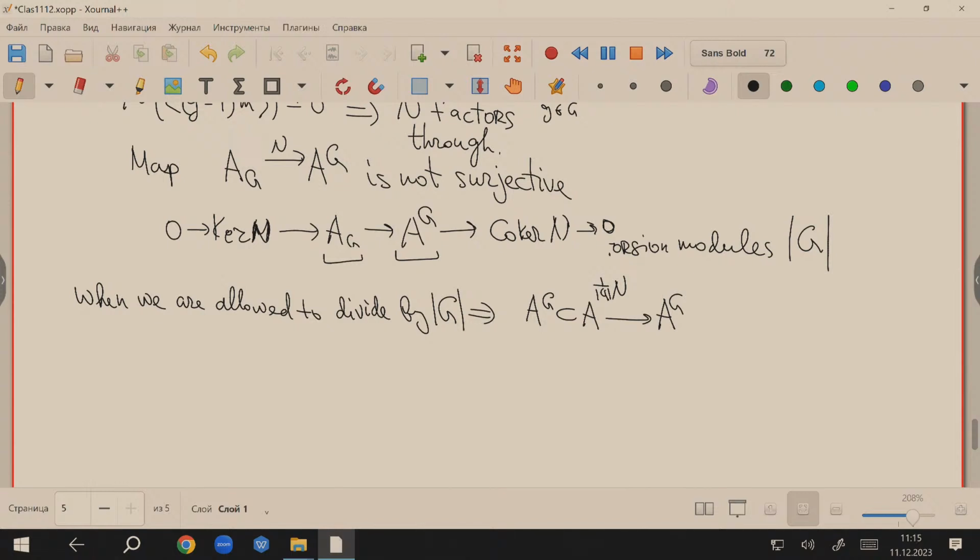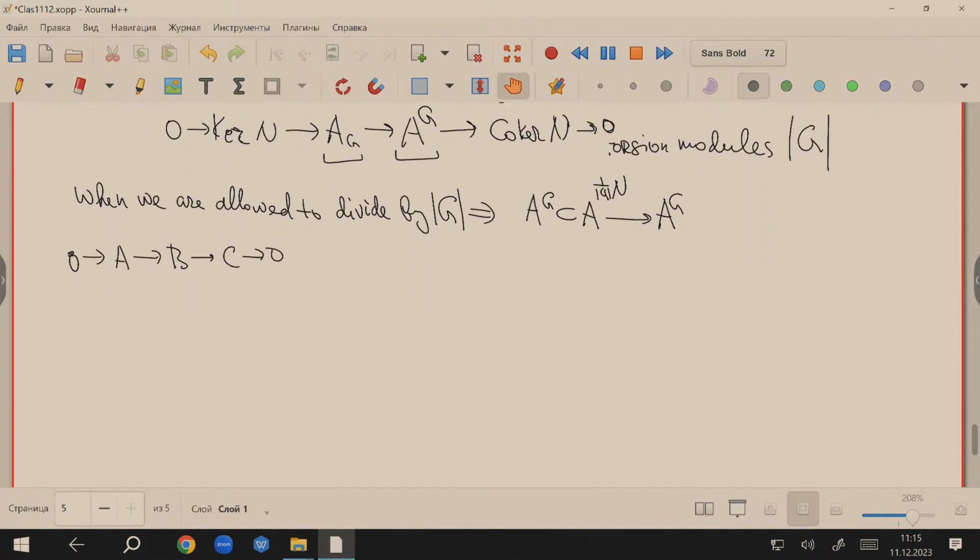So the idea is to connect the long exact sequence for homology and cohomology. For example, you can write the sequence of modules, and you can write the exact sequence for homology and cohomology.